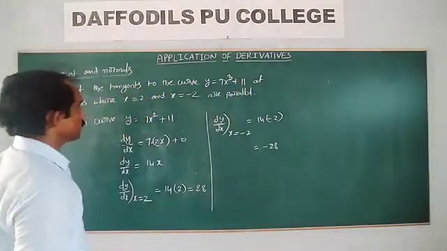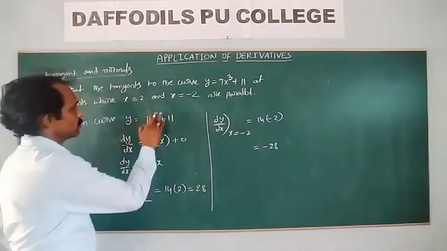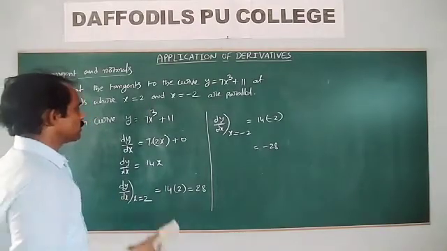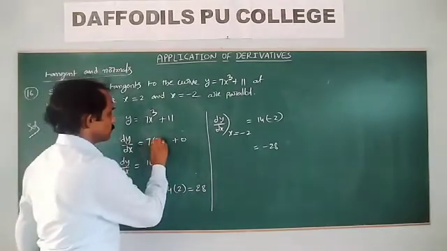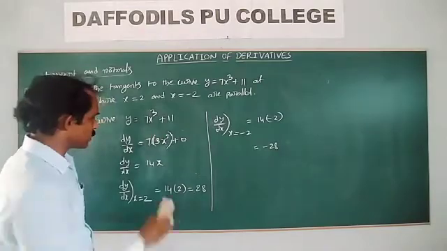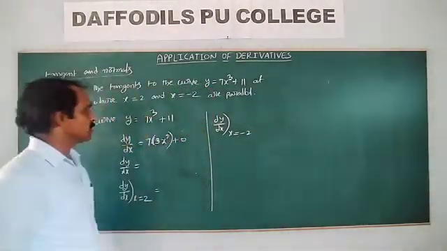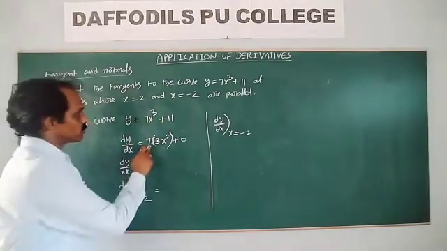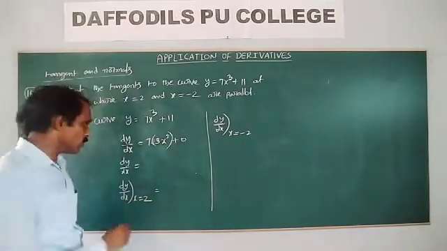Then the derivative: 7 is constant, x cube derivative is 3x square, plus 11 derivative 0.